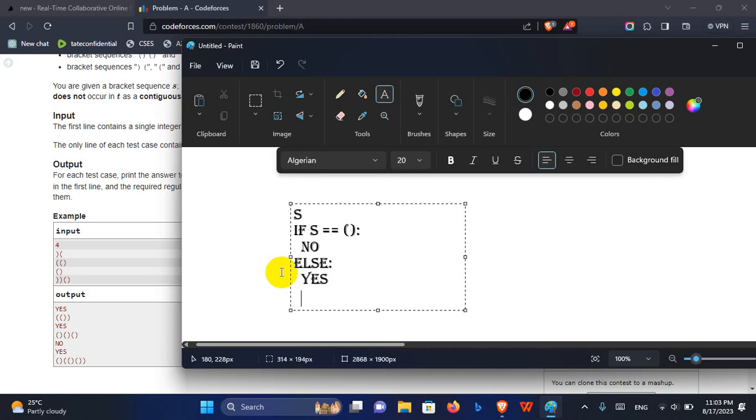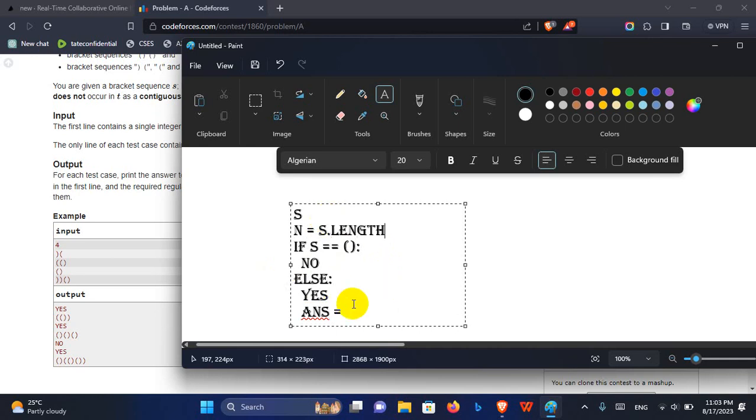And then we try to make our answer. We take n to be the length of s.